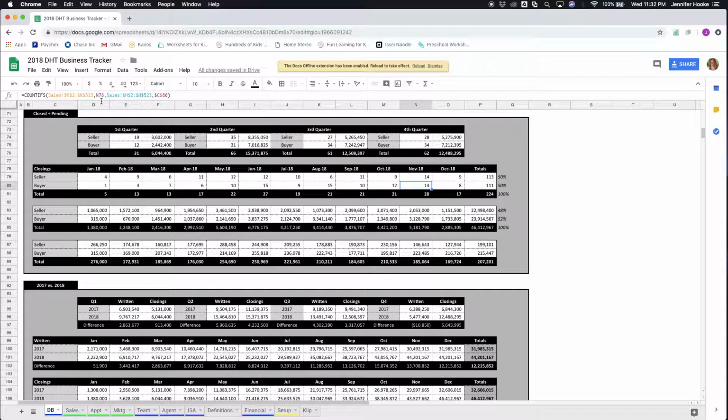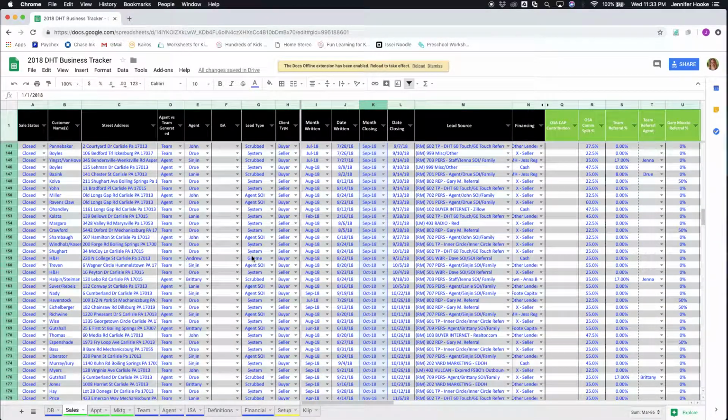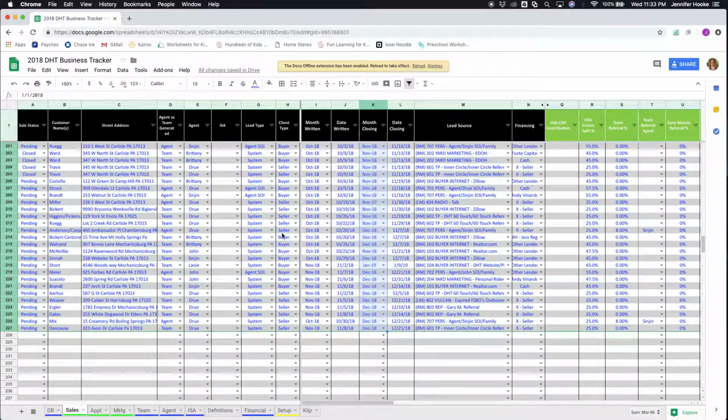So we've corrected literally all of these formulas so that it's now including all the transactions that are entered into the sales input sheet. The issue still is that we only have 224 total closings. There should be 225, but we know that there was one that was inputted to close in 2017, this one, but it should actually close in 2018.